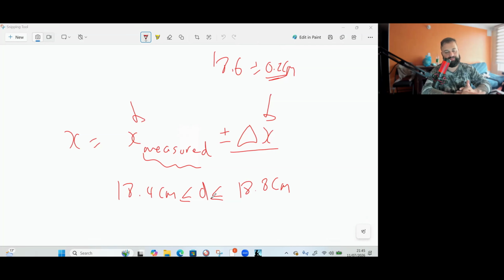So what can affect that uncertainty is the measurement instrument. A ruler has a bit of an uncertainty. That's why we try to use the most precise instruments. Also, the spread of the repeated readings, which means if you measure the exact same thing maybe 5 times, you'll often get 5 slightly different numbers.